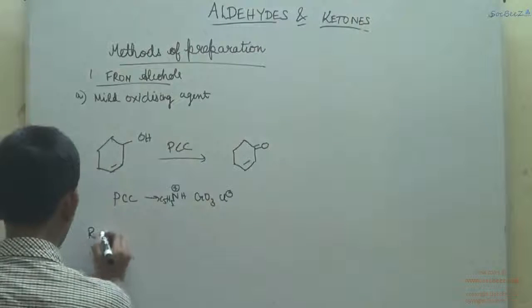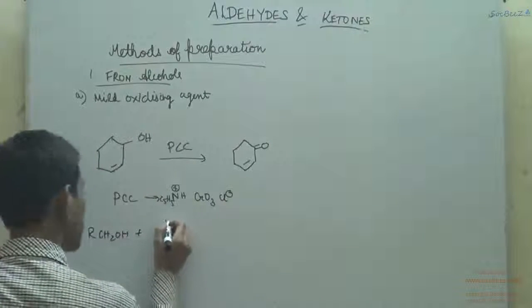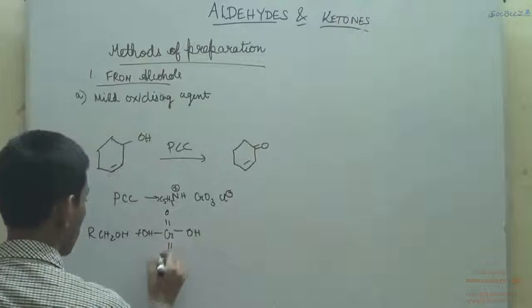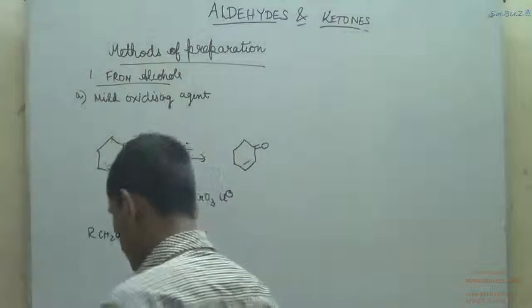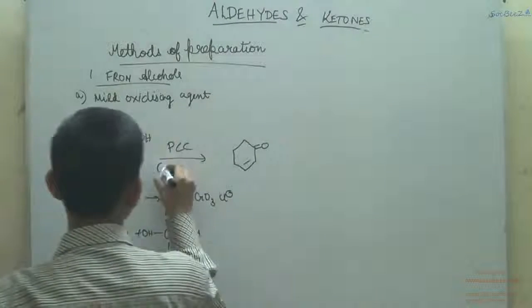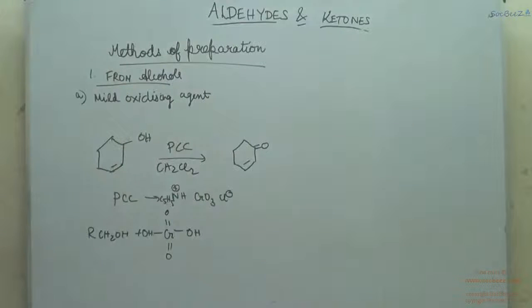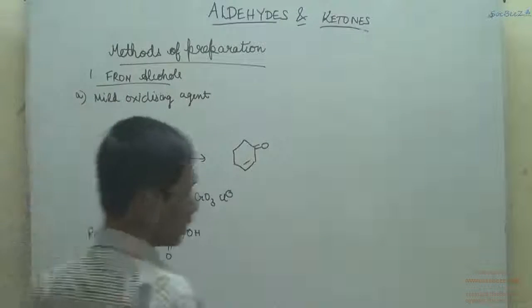The mechanism part: you have RCH2OH with CrO3Cl-, in the presence of, I'm sorry, you have to use dichloromethane, CH2Cl2. You will get H2CrO4.